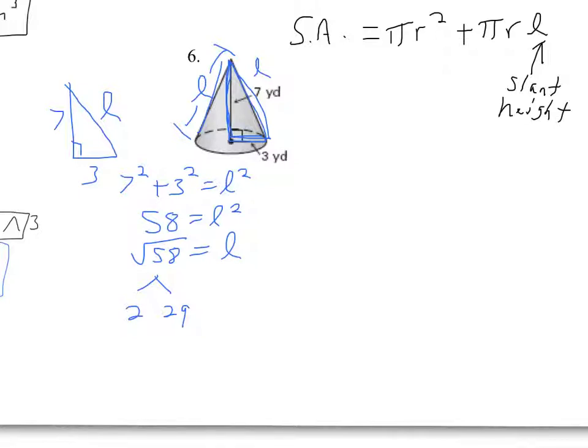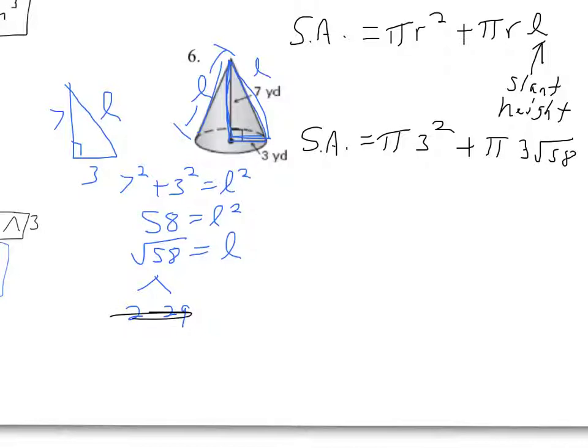All right, so let's try and fill this in as exact as we can. The surface area is pi r squared, so pi 3 squared, because the r is the radius of the circle at the bottom of the cone, plus pi r l, pi 3, and then l is radical 58. We didn't end up doing anything with that 2 and 29.